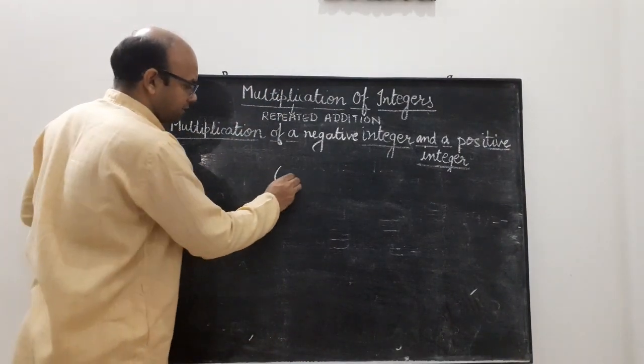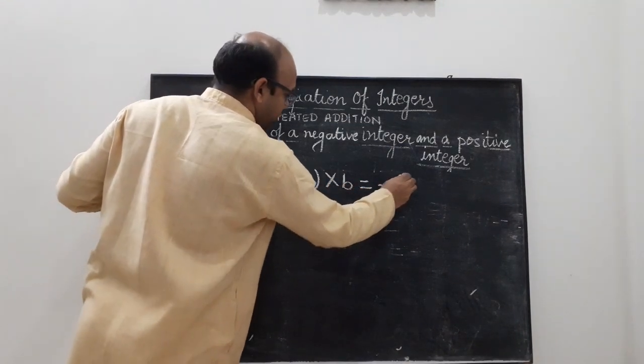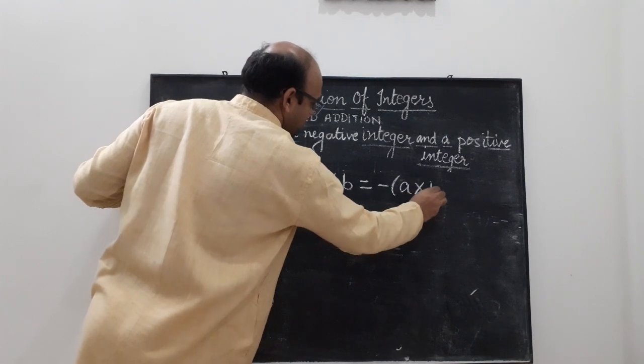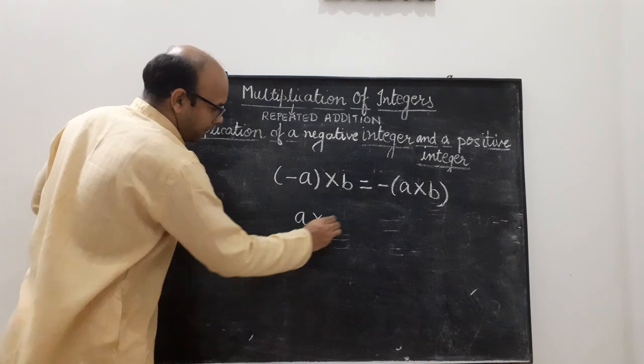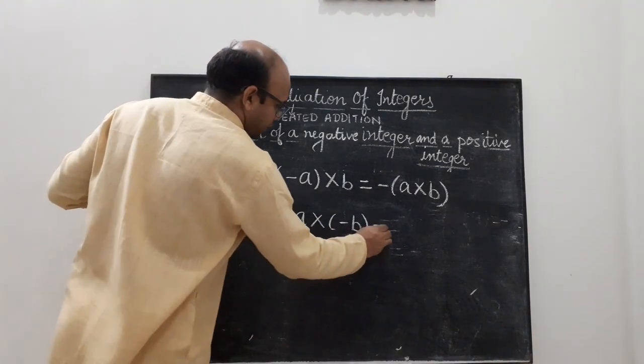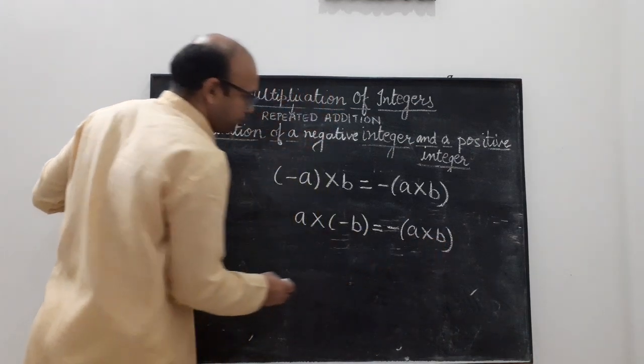Now we can generalize this as minus a cross b is equal to minus times of a cross b. Previously what we studied, a cross minus b, is nothing else but minus times of a cross b.